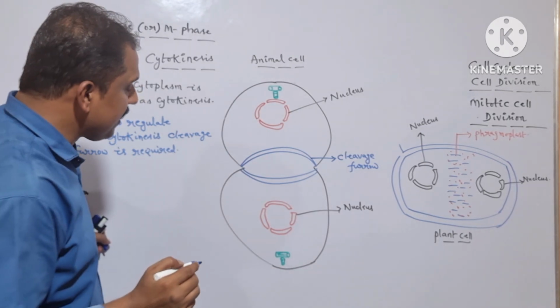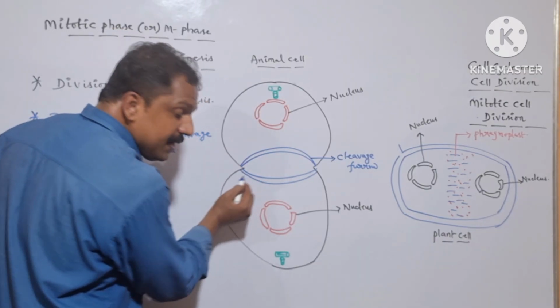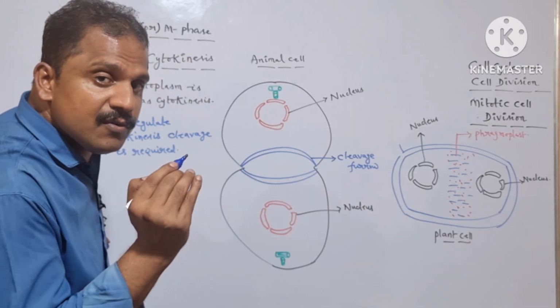Initially, the cleavage furrow proceeds centripetally, that means from the exterior side towards the interior side.